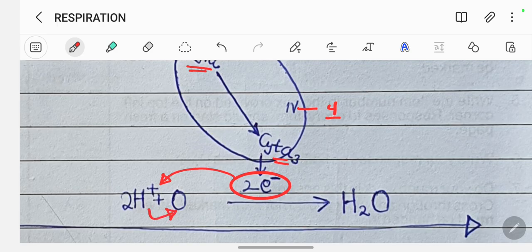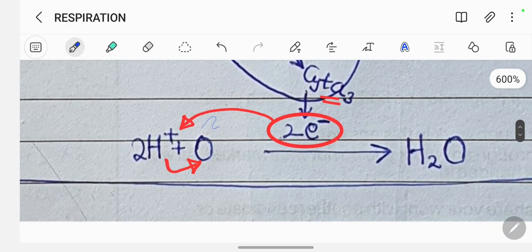It reacts with the oxygen and gives us water. So I'm going to try to balance this, oxygen with the 2.5.